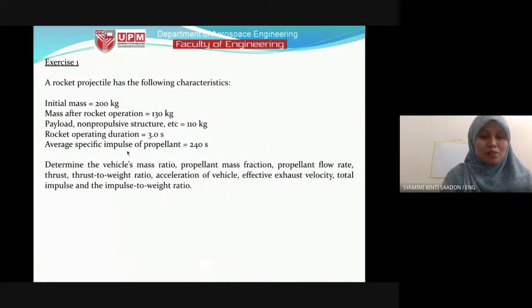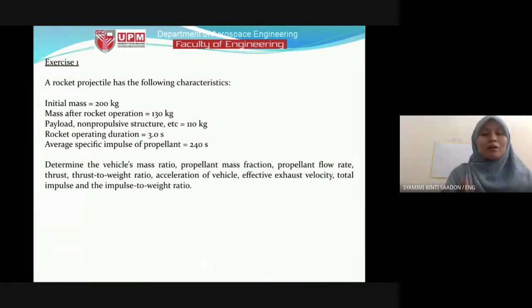And then the average specific impulse of the propellant. Before this, I introduced you to this parameter, specific impulse, for air-breathing engines like turbofan and turbojet, but we didn't really apply the specific impulse in our calculations, because for those engines, to evaluate performance we normally calculate the thrust and the propulsive efficiency.